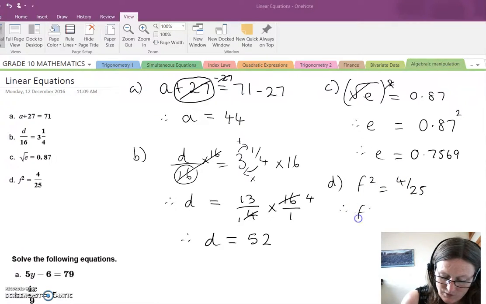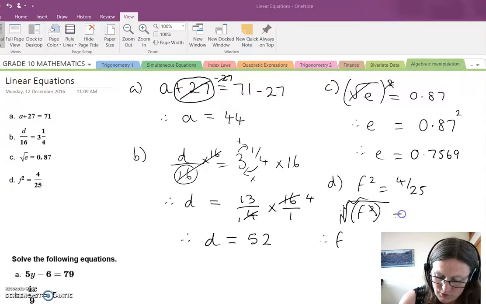The last example, we've got F squared equals 4 over 25. Well, that is squared. So the opposite of squaring that is if we take the square root, because then the squared and the square root cancel each other out, which leaves us with F. So what did we just do to this side? We took the square root. So that is perfectly fine as long as we take the square root of this side as well.